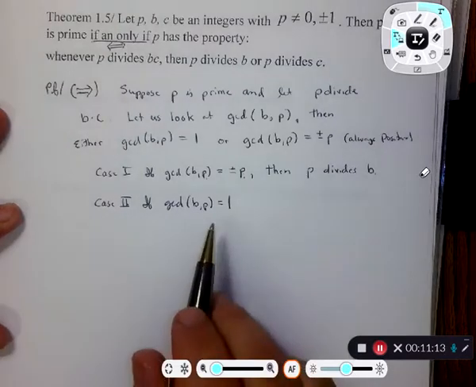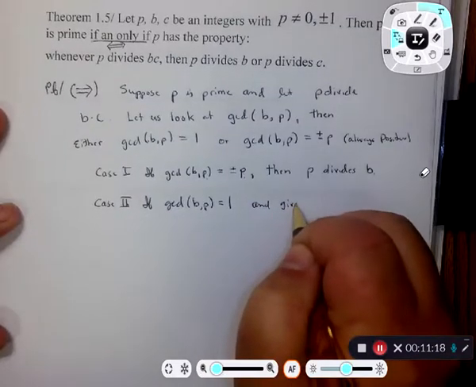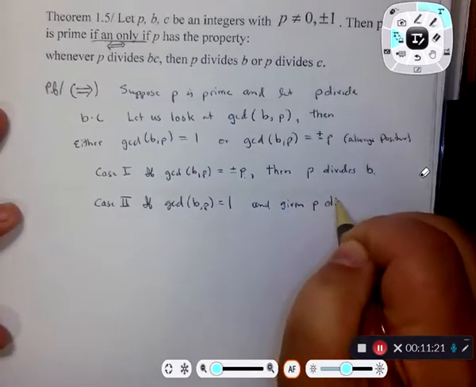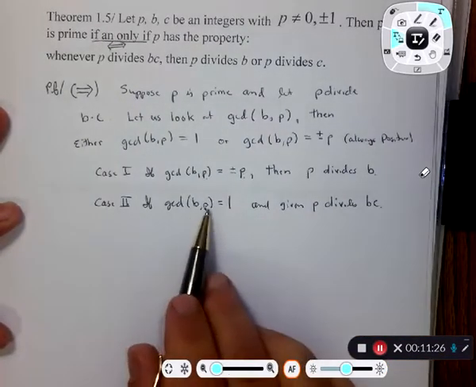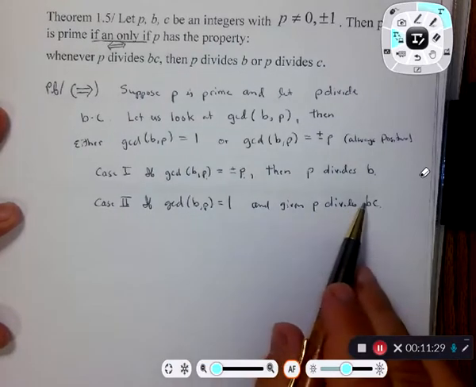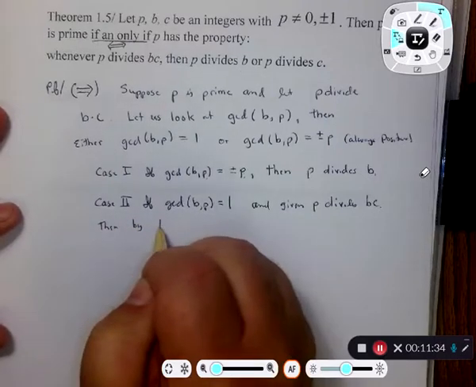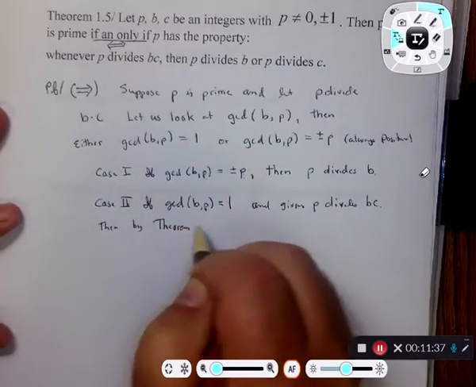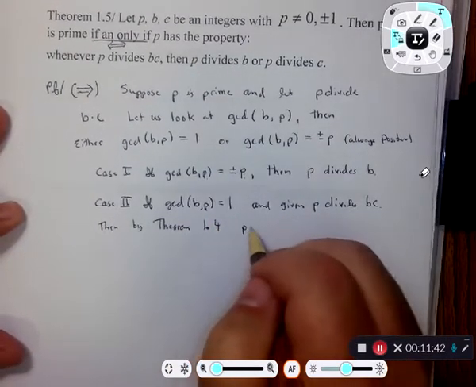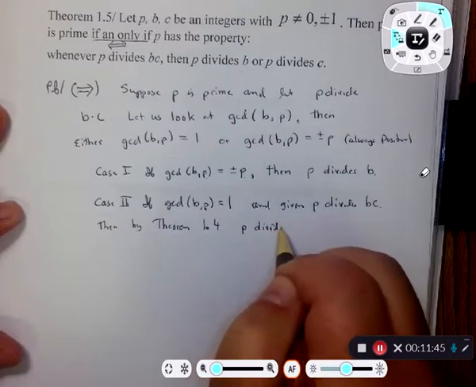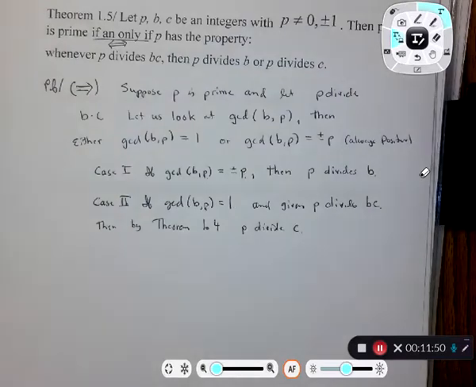We were given, I'll state it up here, P divides B times C. So we've got GCD of B and P is 1 and P divides B times C. Well then, by theorem, I believe it was 1.4, P must divide C. We proved theorem 1.4 last time.